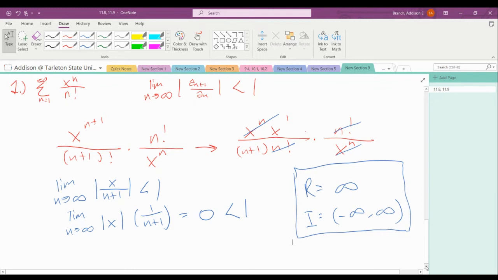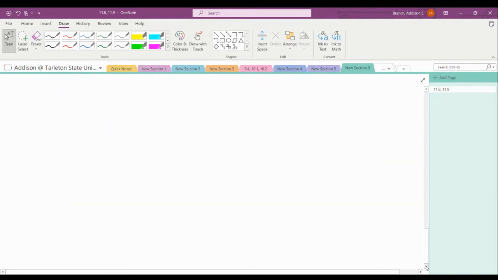All right, so let's try another one. In this one we have the series, n goes from 0 to infinity of (x minus 2) to the n over n squared plus 1.